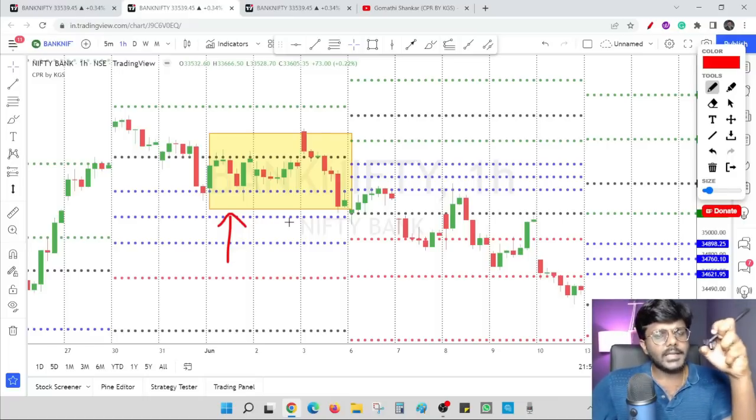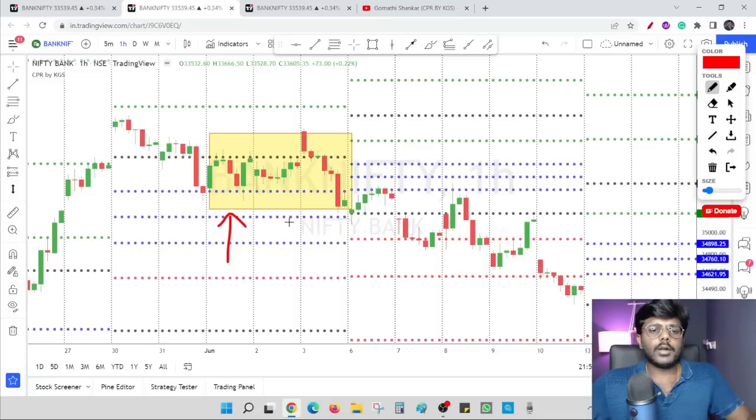For an intraday trader, for a scalper, daily CPR is very, very important. These two confirmations, weekly and monthly CPR being bullish, are an added advantage for me to take a long position on a smaller time frame.